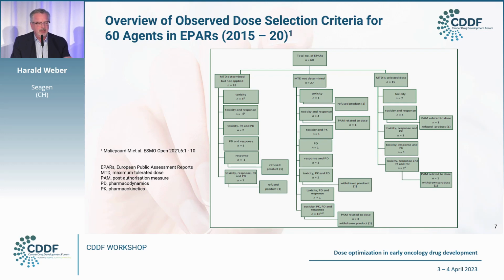In the larger part in the middle, the MTD was actually never really determined. And on the right-hand side, for those approved drugs, the MTD needed to be reassessed later. What is also fascinating is that some of these molecules that have undergone post-marketing or post-authorization measures were finally withdrawn from the market.